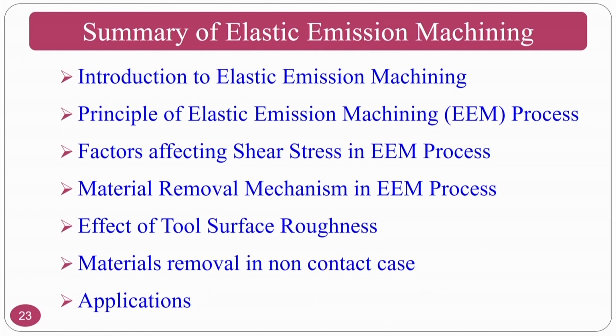So, we have done an introduction to elastic emission machining, then we have seen the principle and what the factors affecting it are: what the tool factors are, what the input parameters are, what the workpiece parameters are, and what the slurry characteristics are. We have also seen how the material removal takes place. Abrasive particles come near to the workpiece, but they do not touch it, and the OH bonds on the abrasive particles and the OH bonds on the workpiece interact, and H2O is released.